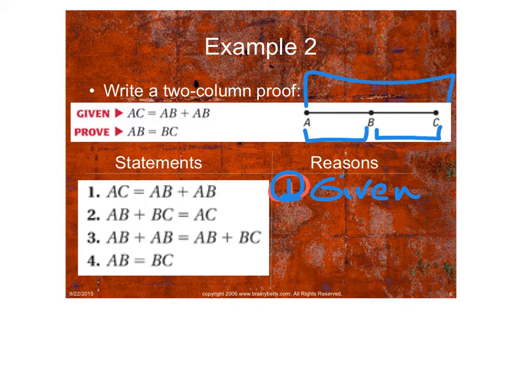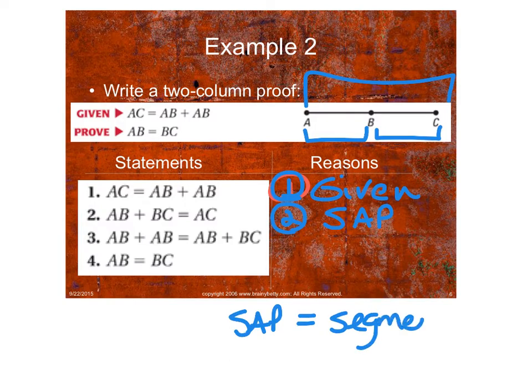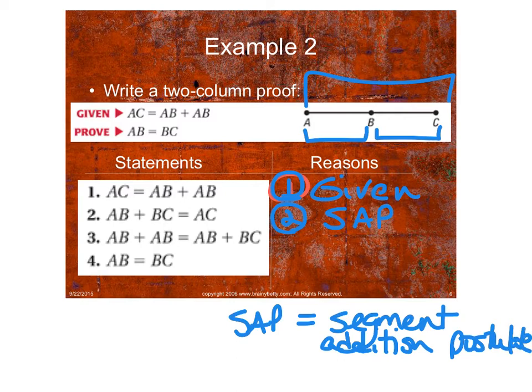Good. Segment addition postulate. If you want to abbreviate it as SAP, SAP could represent segment addition postulate. All right, next. What did they do from step 2 to 3? Substitution.